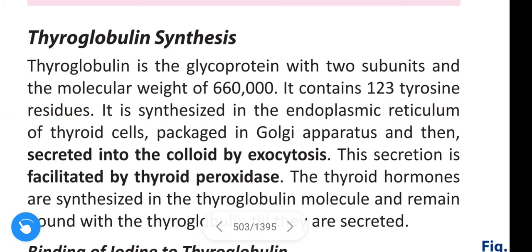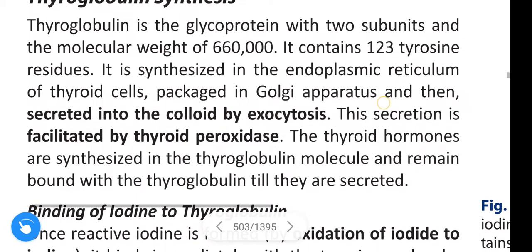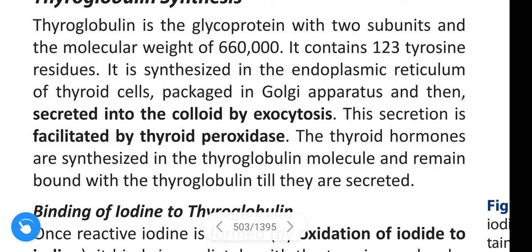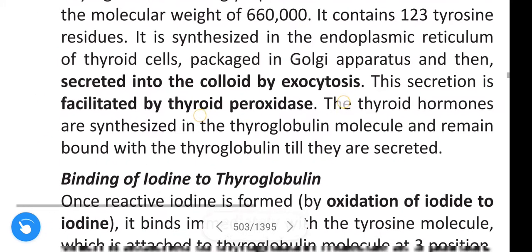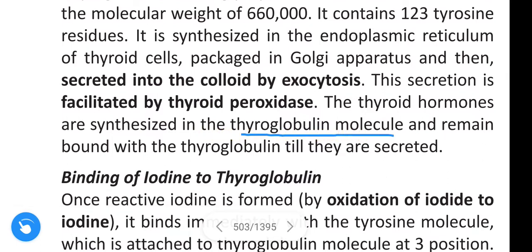It is synthesized in the endoplasmic reticulum of thyroid cells, packaged in the Golgi apparatus, and then secreted into the colloid by exocytosis. This secretion is facilitated by thyroid peroxidase. The thyroid hormones are synthesized in the thyroglobulin molecule and remain bound with thyroglobulin till they are secreted.